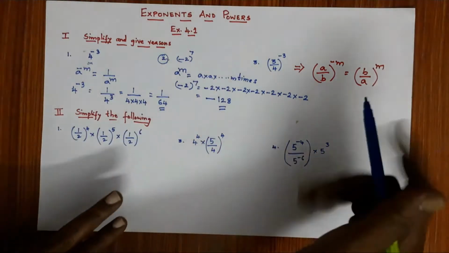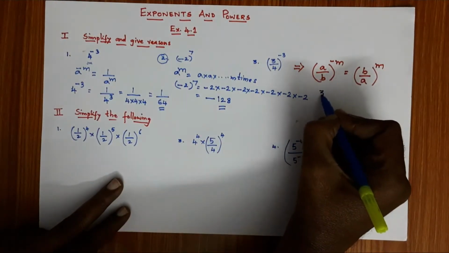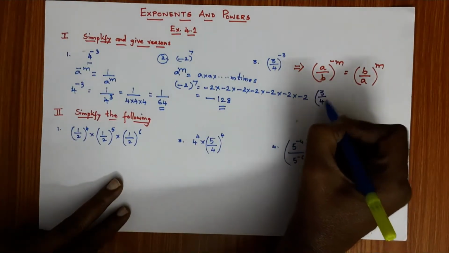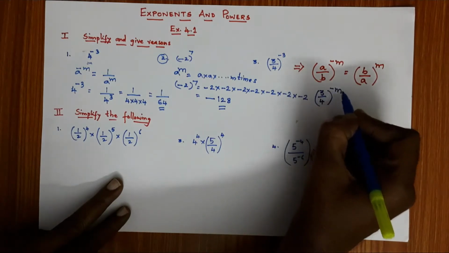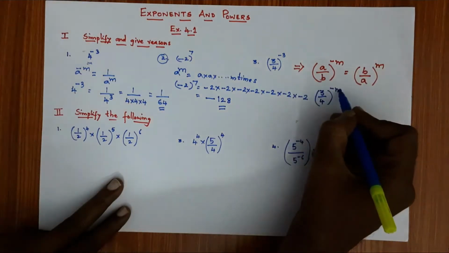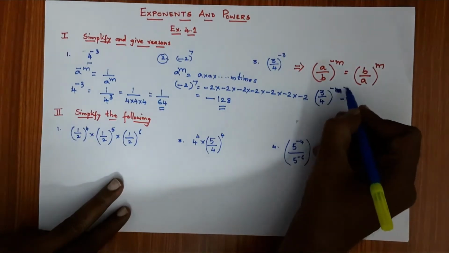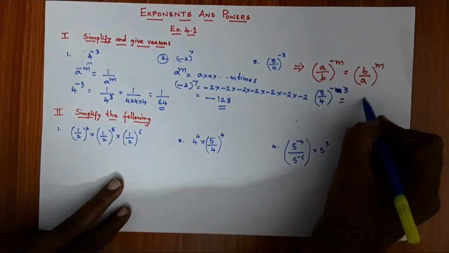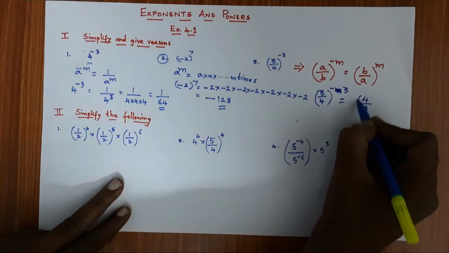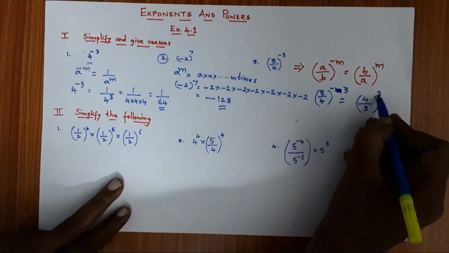In the same way, 3 by 4 whole to the power of minus 3 can be written as 4 by 3 whole to the power of 3.